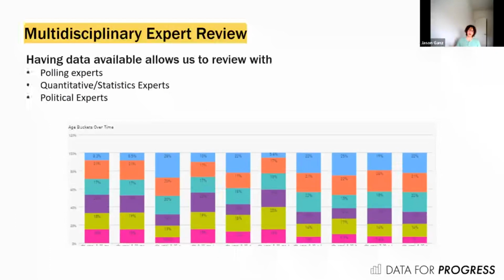And so what this looks like for us is we have multidisciplinary expert reviews, where different people on the team are good at different things. We have people that are experts in the methodology of how you get polls into the hands of individuals. We have quantitative experts who are very knowledgeable about statistics, political experts, and subject matter experts who know the actual policy that we're polling.